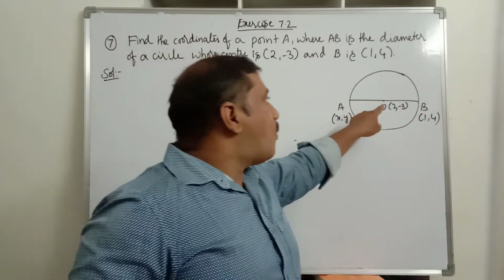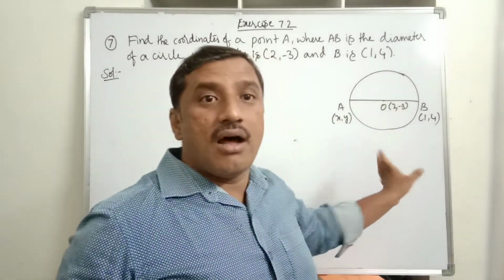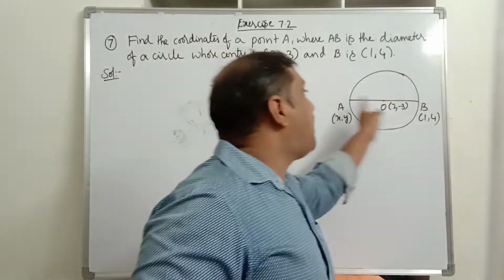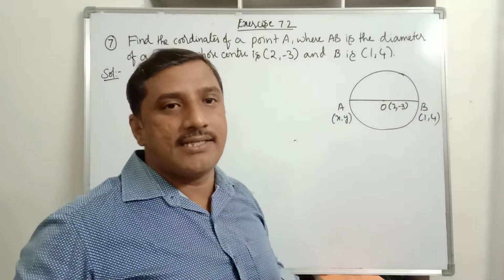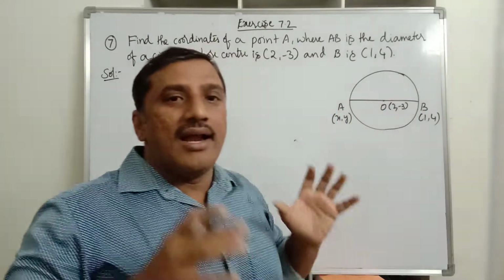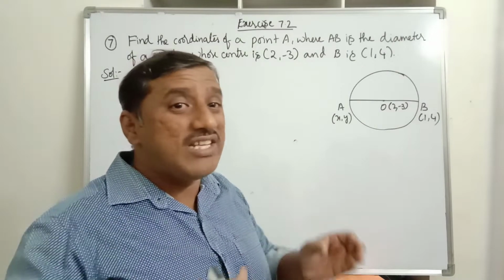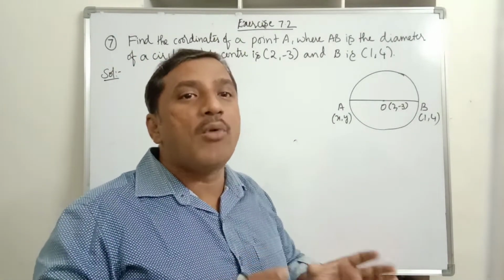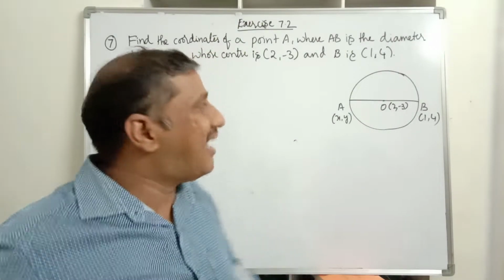So here O is the center of the circle and also O is the midpoint of diameter. O is the midpoint of the line segment AB. So which formula do we use here? It is the midpoint formula, for the midpoint of a line segment.